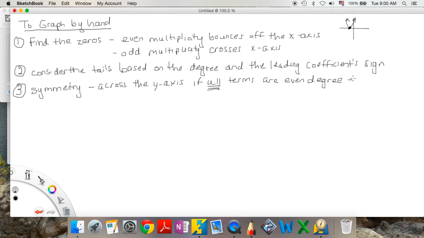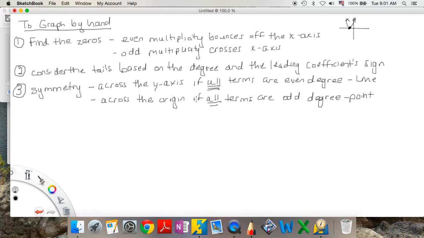This is line symmetry. And then we have symmetry across the origin if all the terms are odd degree. And that's point symmetry. Now, what does that really mean?